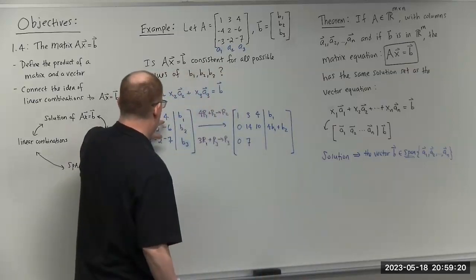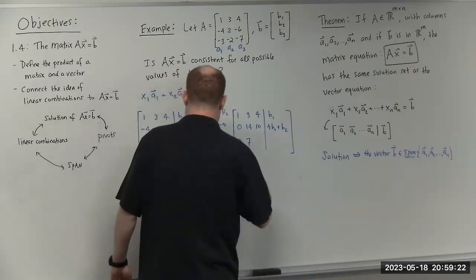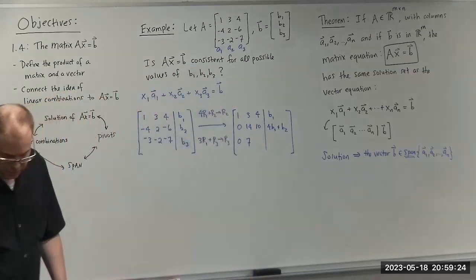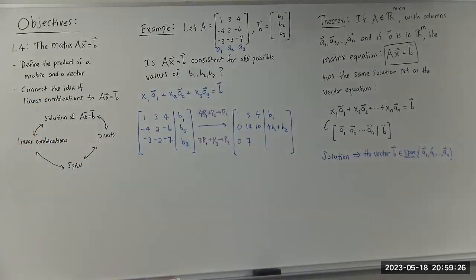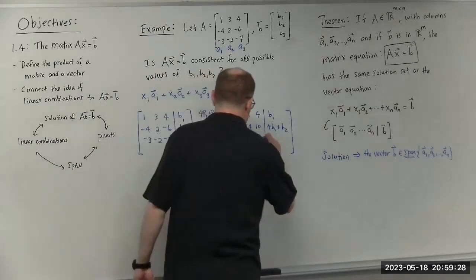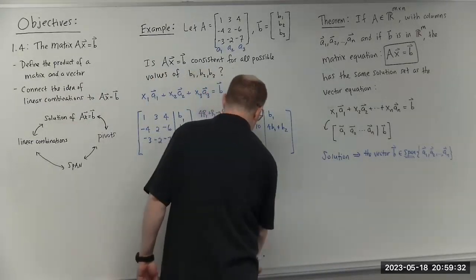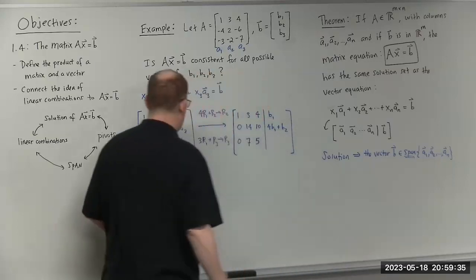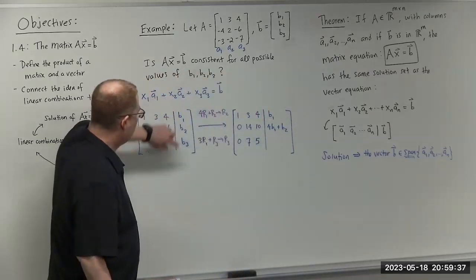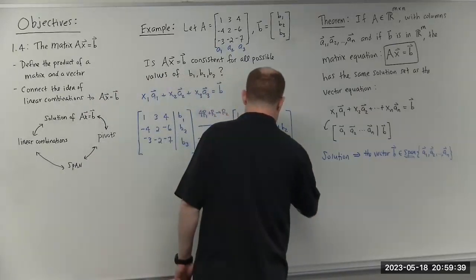And then we get 12 minus 7, and that's going to give us 5. And then we have 4 times B1 plus B3.